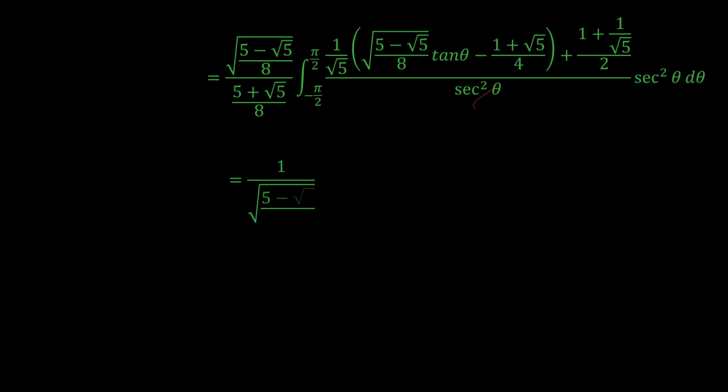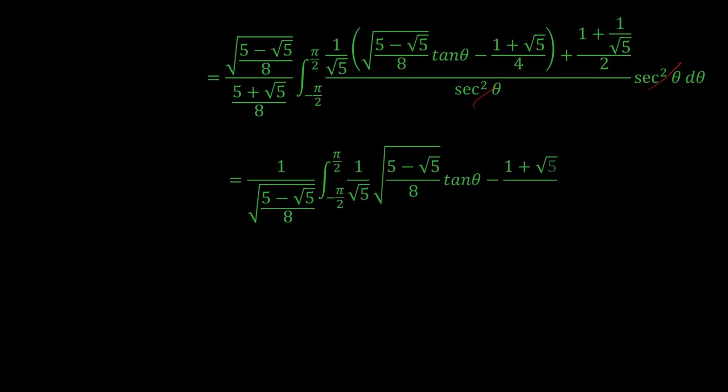Going forward, the process continues. As we said, this and that cancel. Now, this divided by this, we have 1 over square root of 5 minus root 5 over 8 times the integral from theta equals negative pi over 2 to pi over 2 of 1 over root 5 times square root of 5 minus root 5 over 8 tan theta minus 1 plus root 5 over 4, with the sign now negative, persisting.